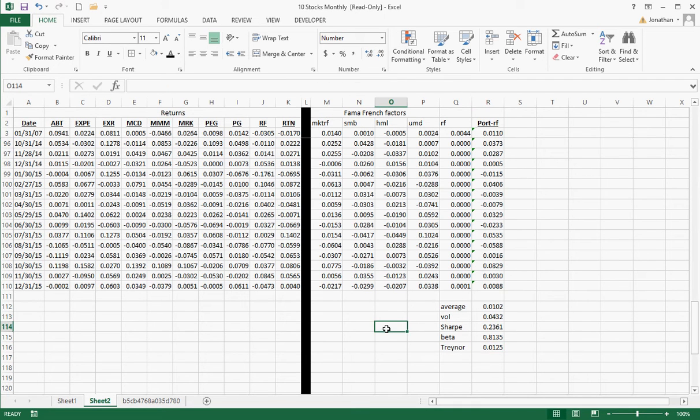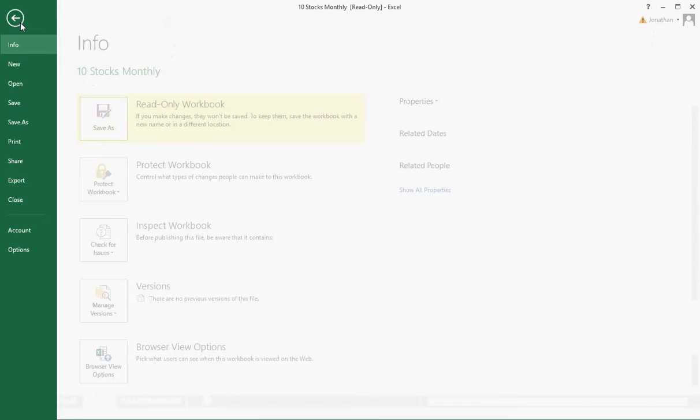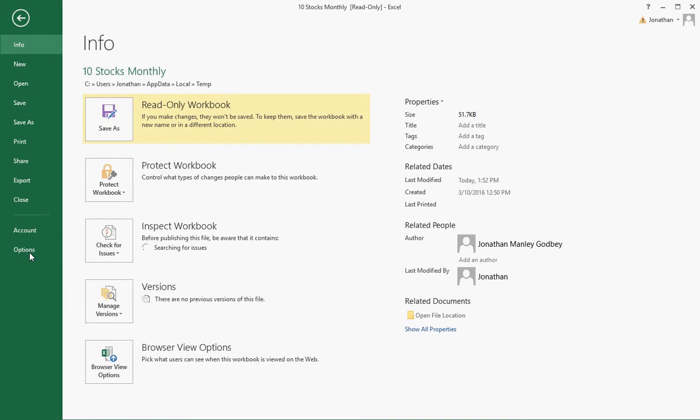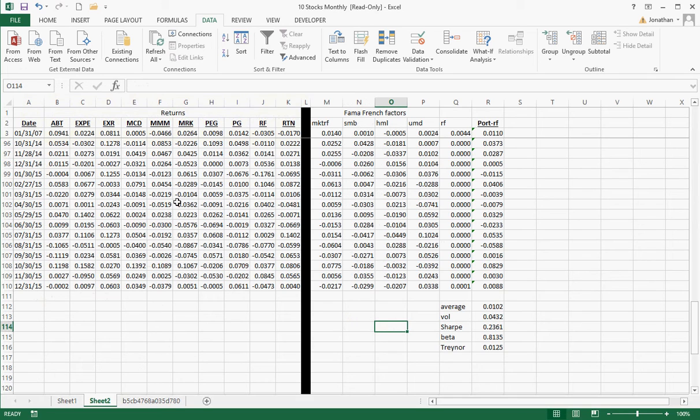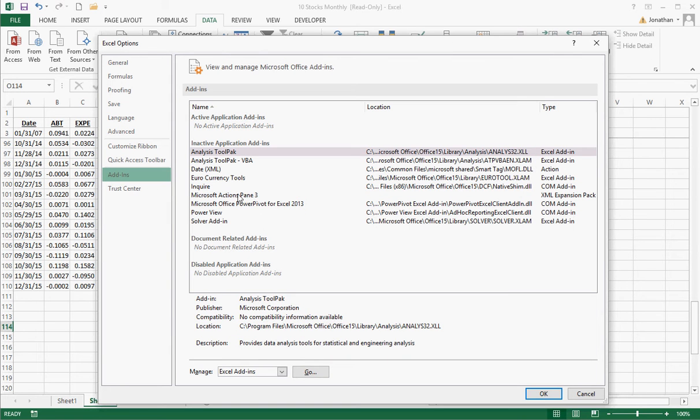Next, we need Jensen's alpha. In order to get Jensen's alpha, we go to data, and we have the data analysis toolbar, which you don't see right here. So we go to file, go to options, go to add-ins, and from add-ins you have Analysis ToolPak.